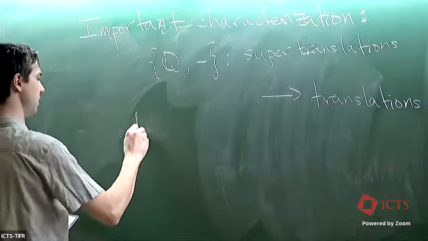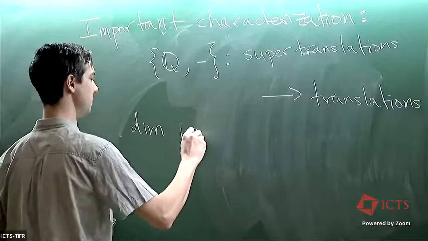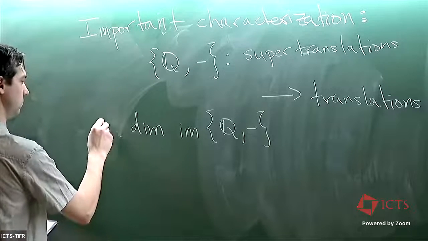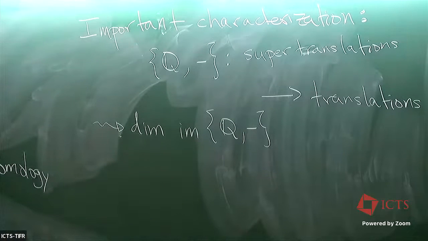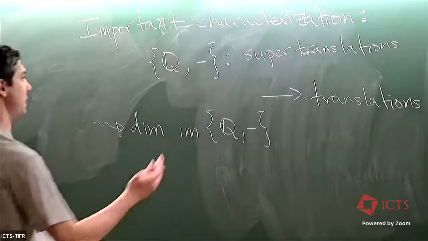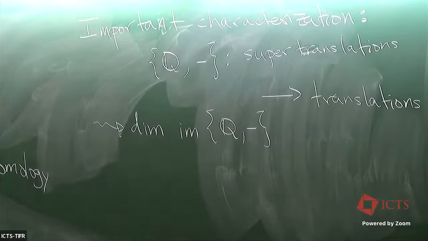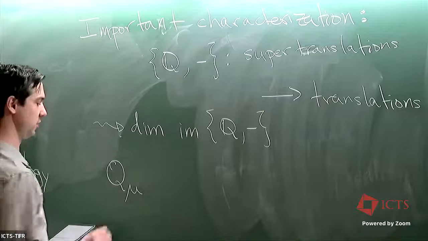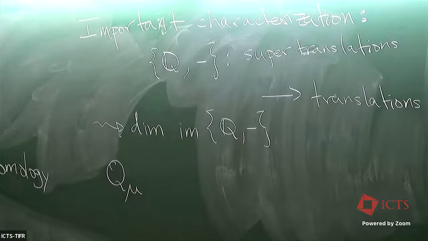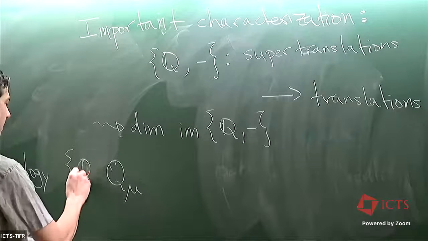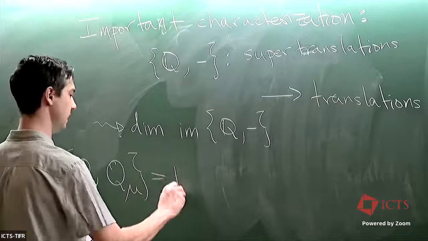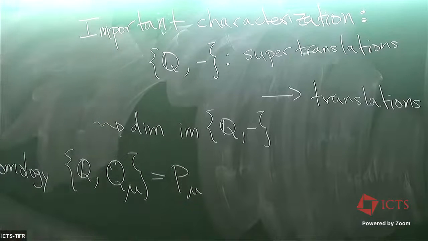And we're interested in the dimension of the image of this map. This will tell us what types of translations are going to be trivial in cohomology. So suppose that we have some specific supercharge, Q_μ, which will be some linear combination of the Q_α^i's that I had over there, such that the bracket of this Q_μ with our twisting supercharge Q is equal to the translation P_μ for a given μ.